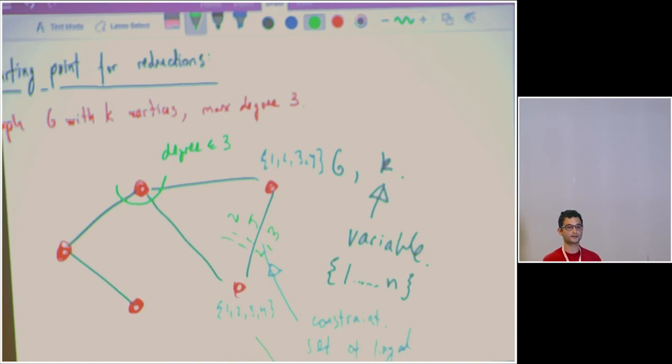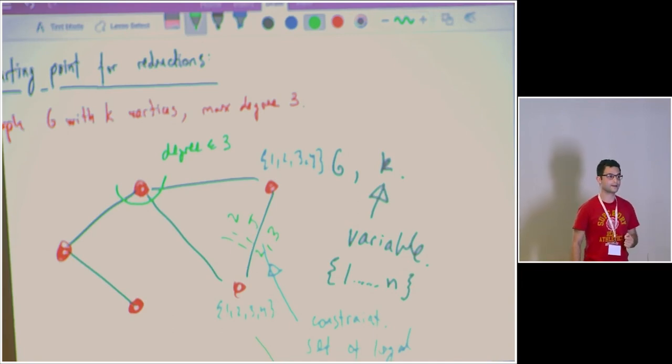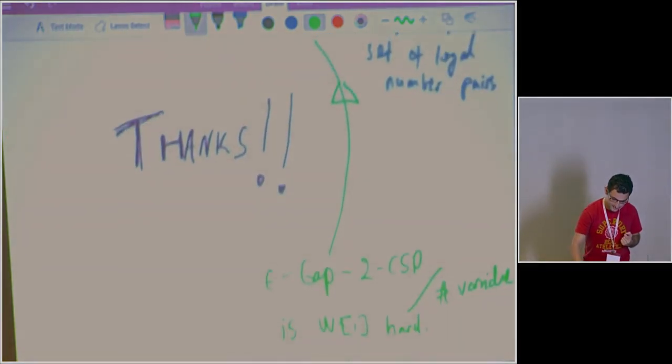In fact, proving that this problem is W[1]-hard is actually equivalent to showing that every problem in W[1] admits a certain kind of PCP. So if you're interested in that, you can come talk to me. I'll explain that. I think with that, let's say thanks.